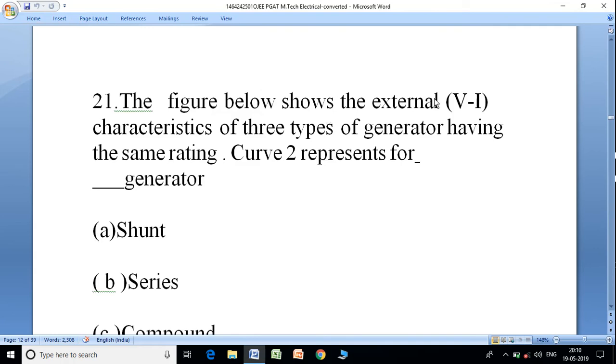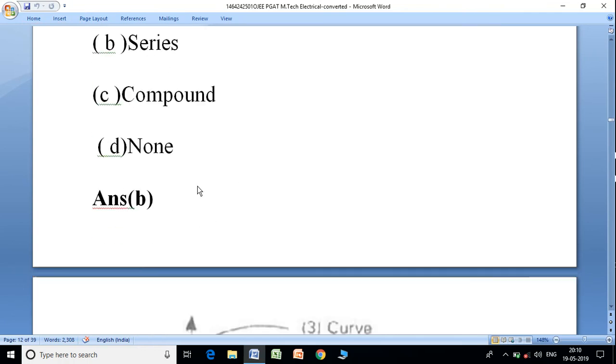The figure below shows the external VI characteristics of three types of generator having the same rating. Curve 2 represents each generator.